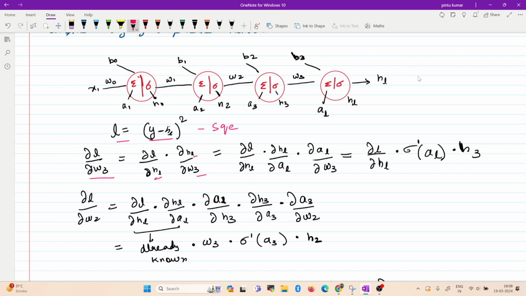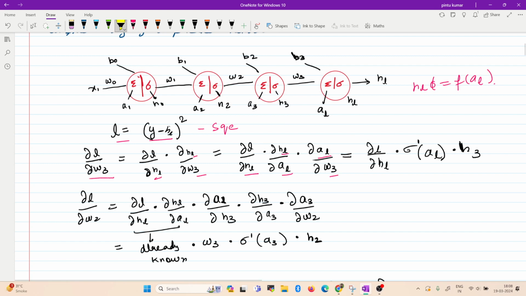Further, hL is a function of aL, so this splits into three parts: del L by del hL, del hL by del aL, and del aL by del W3. We did this in the second or third week, so I'm not going over it again.